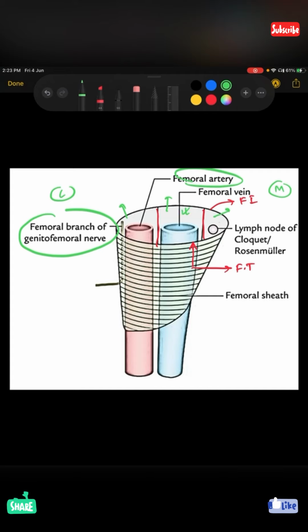The intermediate compartment contains the femoral vein, and the medial compartment, or femoral canal, contains deep inguinal lymph nodes or lymph node of Cloquet or Rosenmuller, right?